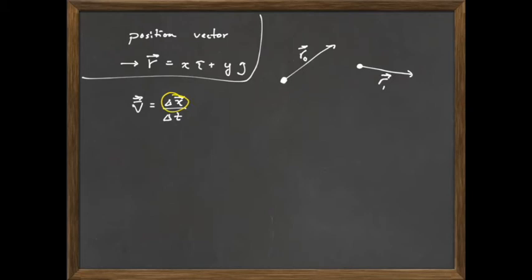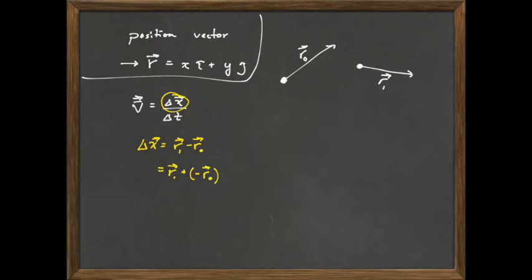How do I find displacement? It would be the final minus the initial. And we saw in the last video how to add and subtract vectors. This is really like R1 plus the negative of R0.